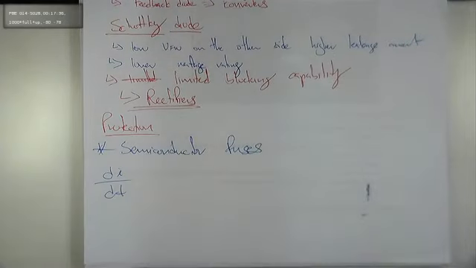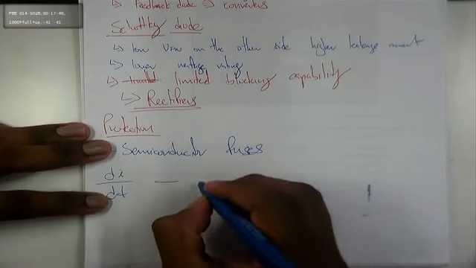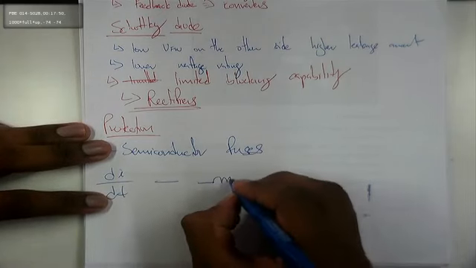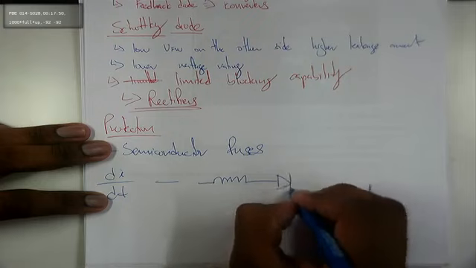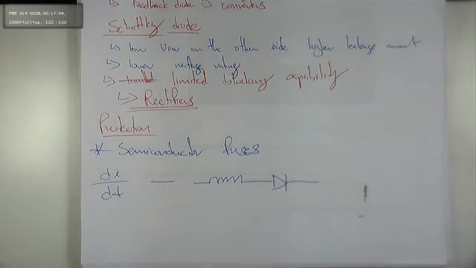When I say di over dt, I am just saying protection against current, with respect to time. For di over dt we normally use a circuit, an inductor in series with the diode. Di over dt protection. So if I ask you a question, di over dt protection of a diode, you will say a series inductor with the diode.